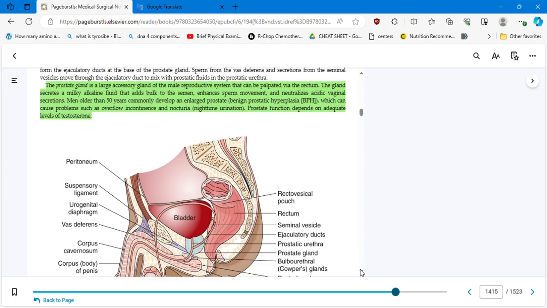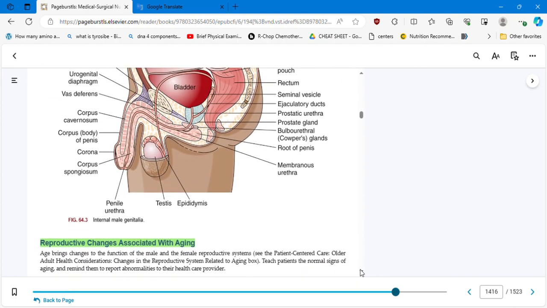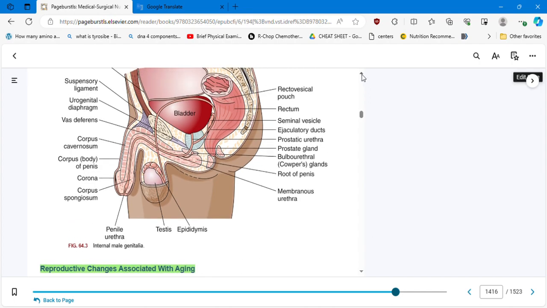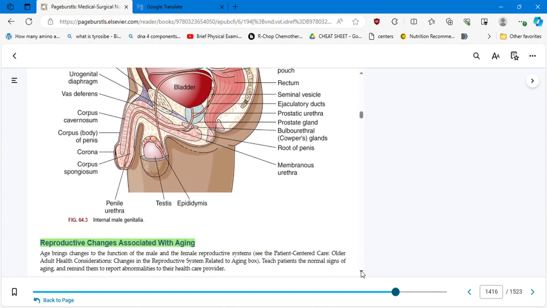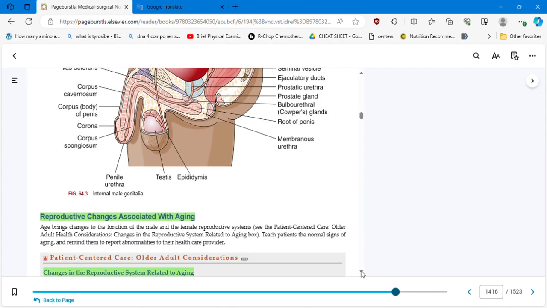Let's move forward. And here you have a very interesting picture of the internal male genitalia where you see the bladder, and here this part here is the prostate gland that we are going to speak about in chapter 67, I think.